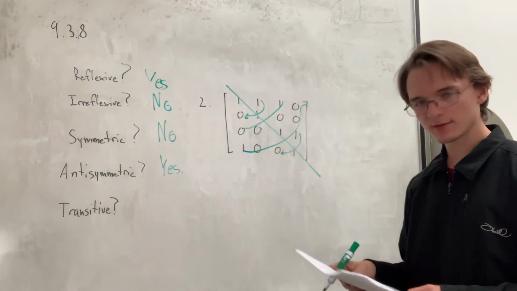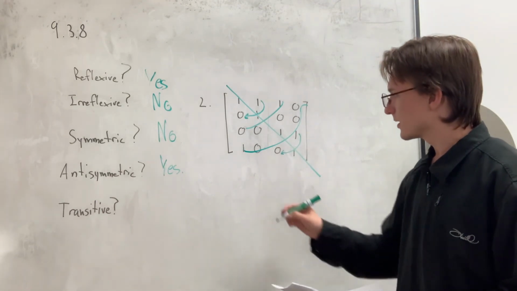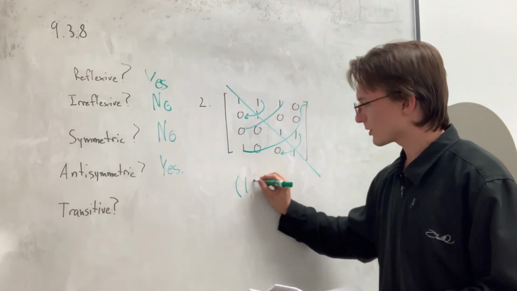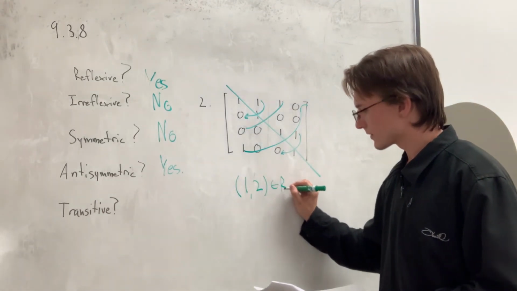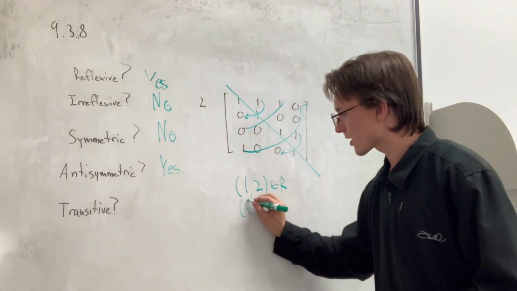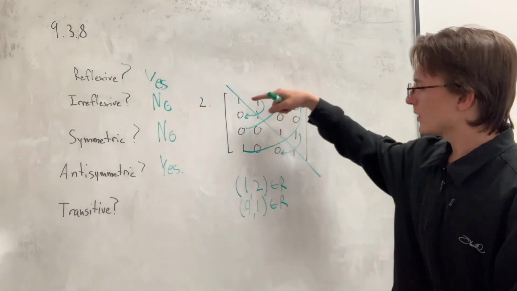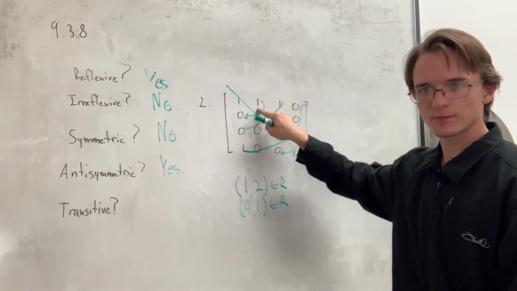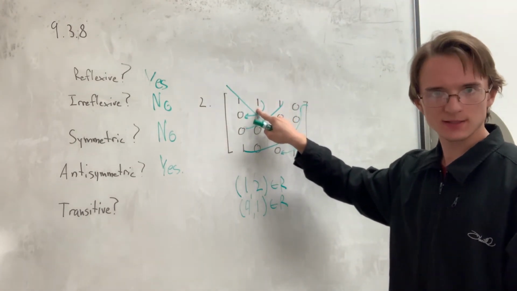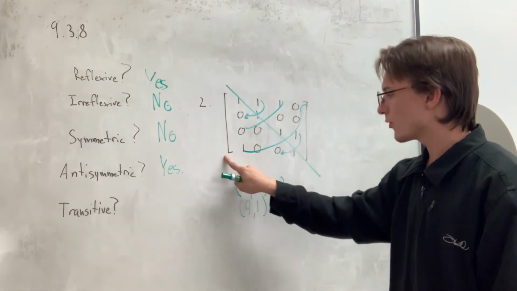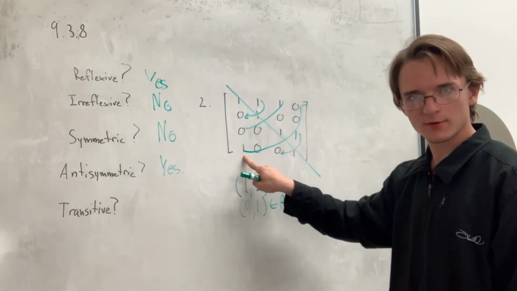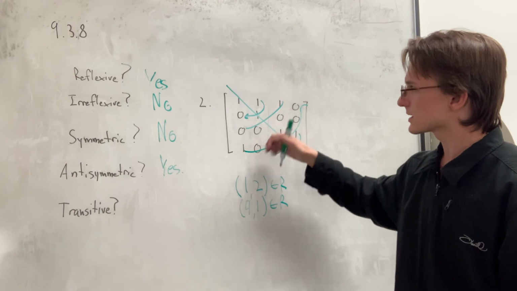Is it transitive? Well, we have the pairing 1, 2, and we have the pairing 4, 1. Looking at it more closely, we have 1, 2. There's a 1 right there, so it exists. We have 4, 1, down 4 and 1 across. It exists.